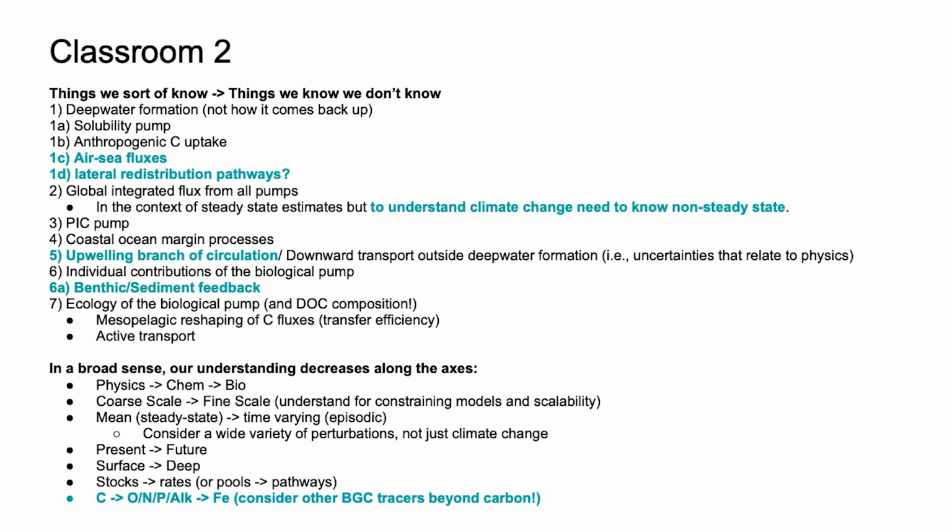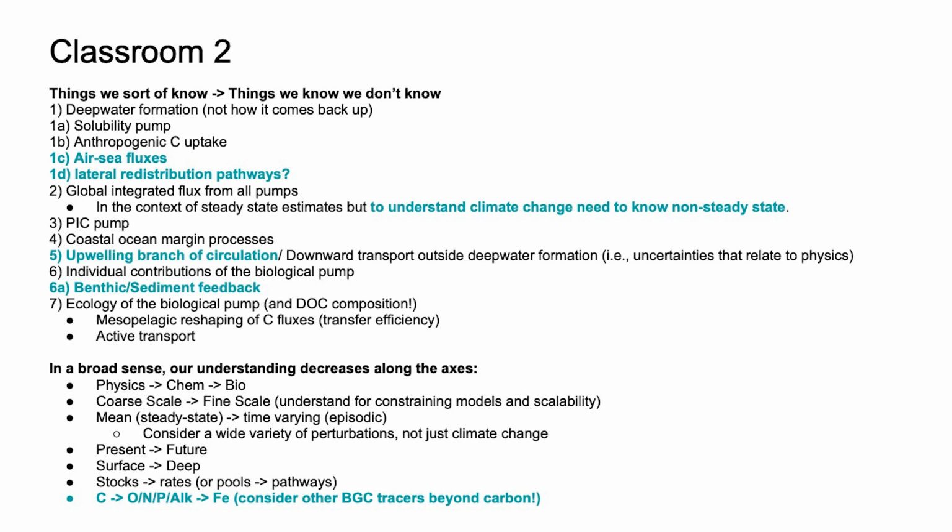On the bottom, we talked about how there could be a flow from what we do know well to what we don't know well. So in that bottom section that starts with physics to chem to bio, we felt that we have a better understanding of the physics and then moving into the chemistry, and then we just know less about the biology in general. Speaking in broad terms, we felt that was the general trend.